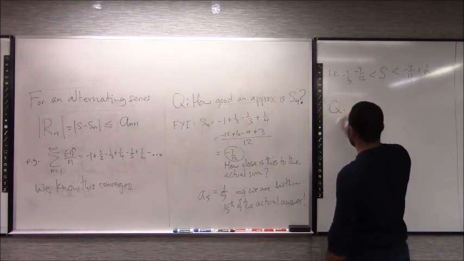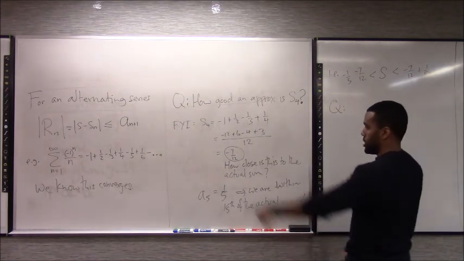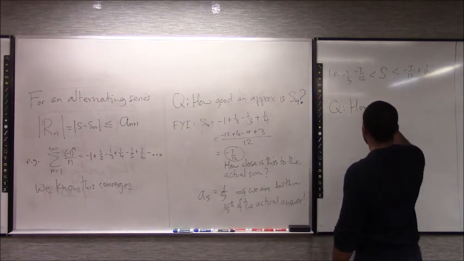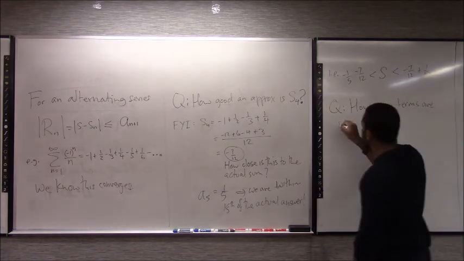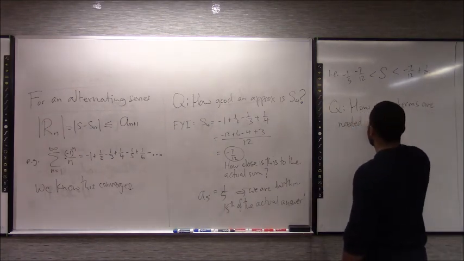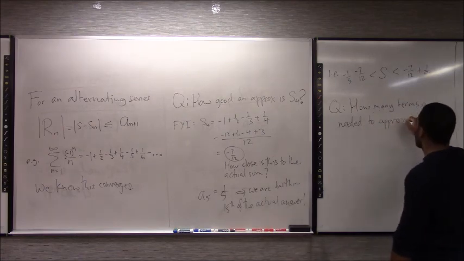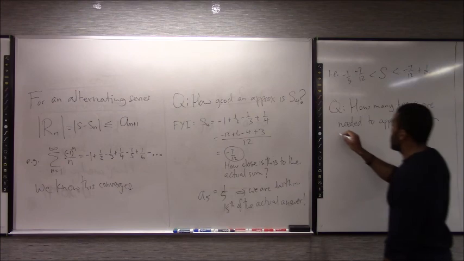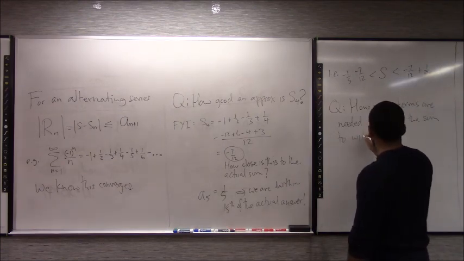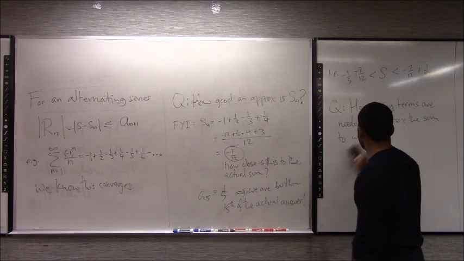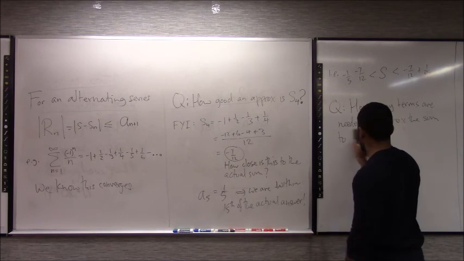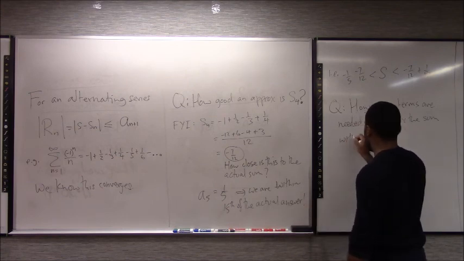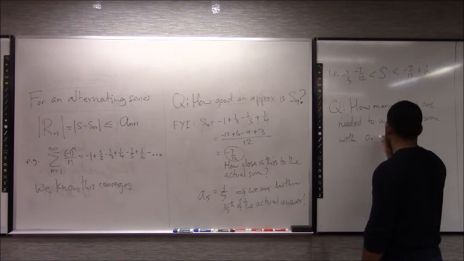Here is another question that I could ask for the same series. How many terms are needed to approximate the sum with, say, 0.0001 accuracy?